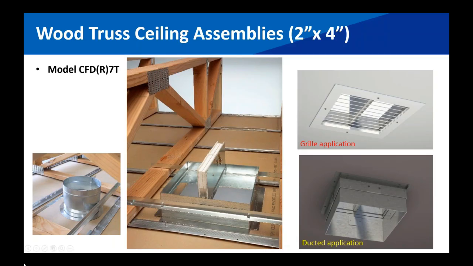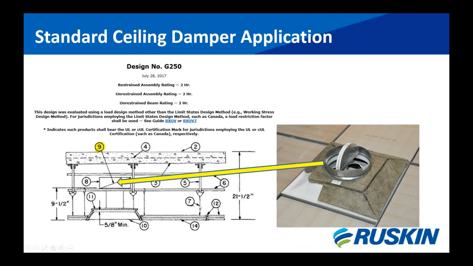So what you're seeing there to the left and the right is our true round version. That's a round damper that's able to be applied in the wood truss application. In the middle, obviously a square rectangular damper model for the same application. One thing that's different on the installation is that these wood applications usually will have angles that get fastened to the wood members, as opposed to the hinge door design where everything was hung with steel wire.